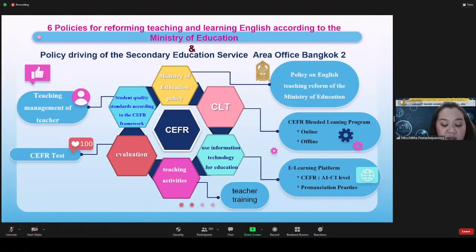The second, adjust the focus teaching English to be accordance with the nation communicative language. Teaching CLT learning from the gamma emphasis to communication, starting from listening, speaking, reading, and writing.